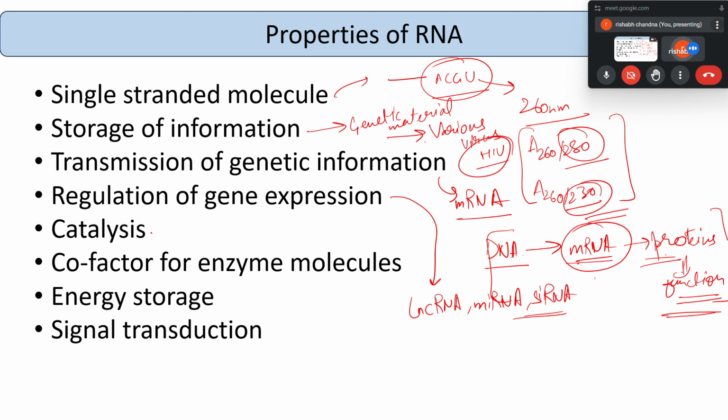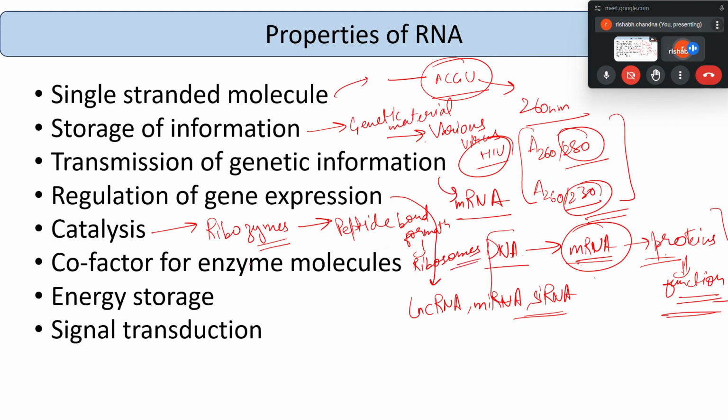It also has a role in catalysis. These catalytic molecules are called ribozymes, and the famous example is peptide bond formation with the help of ribosomes.